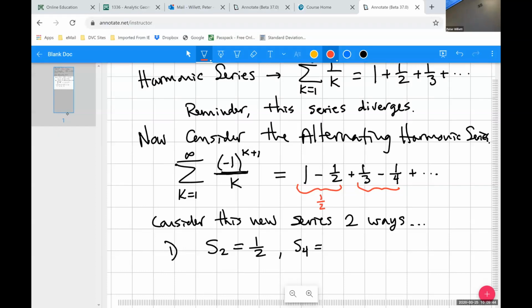And on the next 2, I would have 1/3 minus 1/4, which is 4/12 minus 3/12, leaving you 1/12. So if I add 1/2 and 1/12, that's 6/12 plus 1/12, which is 7/12.